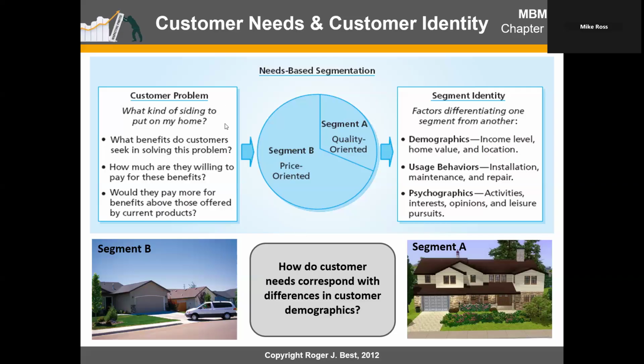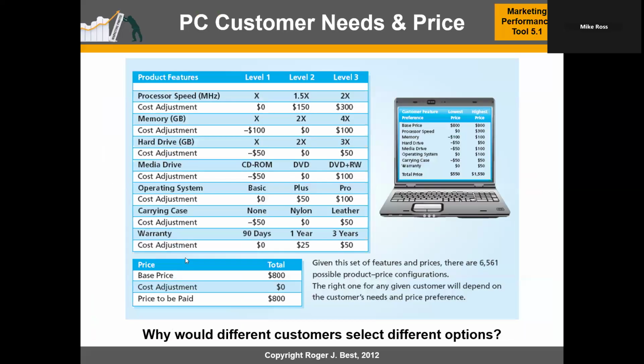And so we might say those are sort of euphemisms for people in segment A, they have more money or they're willing to spend more money, versus segment B, they're willing to spend less money. So this is a pretty typical way that we would think about needs-based segmentation.